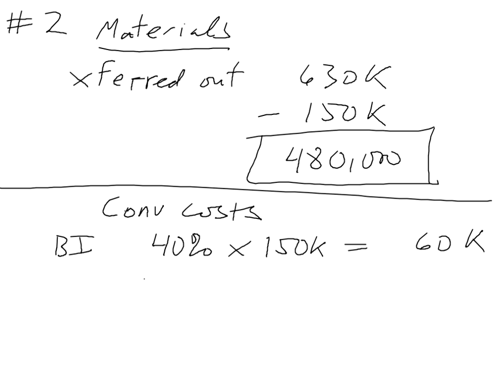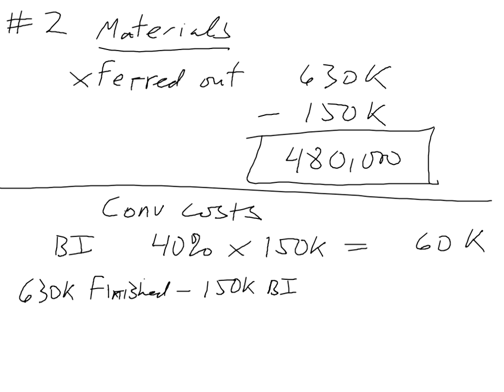So how do we know that? Well, we know that the question tells us that 630,000 units were transferred to finishing. So we have 630,000 units that were completely finished, right? But we also know that we had beginning inventory of 150,000 units.